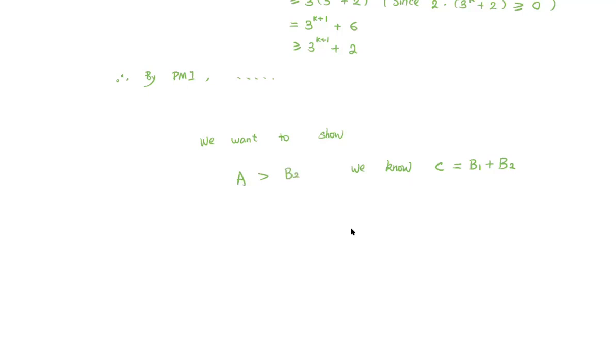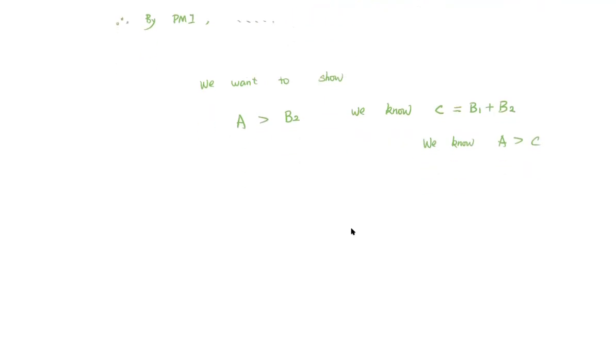We know C equals B1 plus B2, and we know A is greater than C. Let's use this. So let's start from here. A is greater than C. C equals B1 plus B2. Let's write it in this way so that it matches what I did.